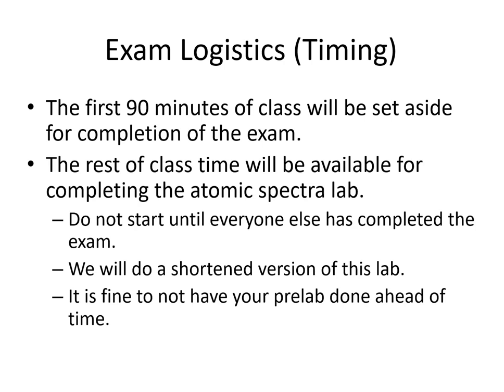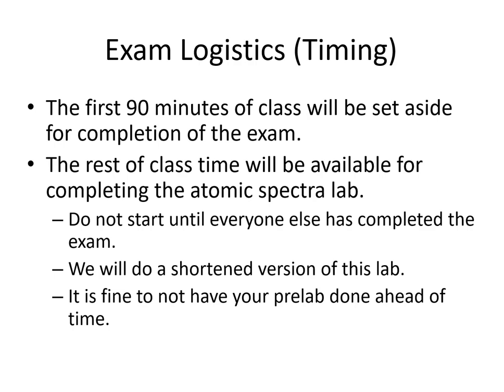In terms of the timing, this will be very similar to the first exam. We will have 90 minutes of class time to complete the exam, and that would be the first 90 minutes that we meet. And then after that is done, we'll work on the atomic spectral lab. A couple of notes here: do not start on this until we're all done.